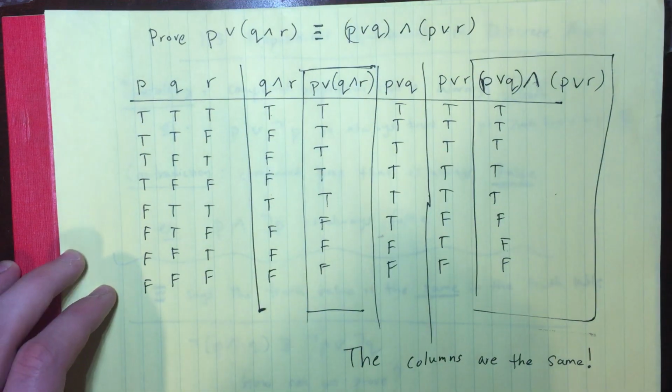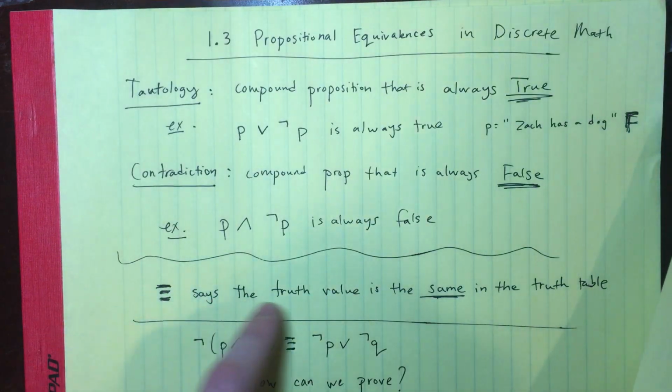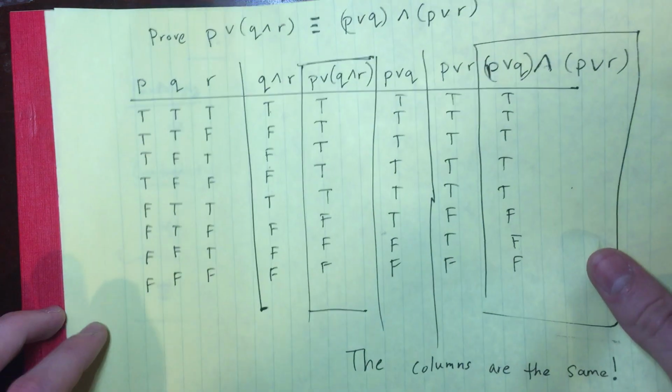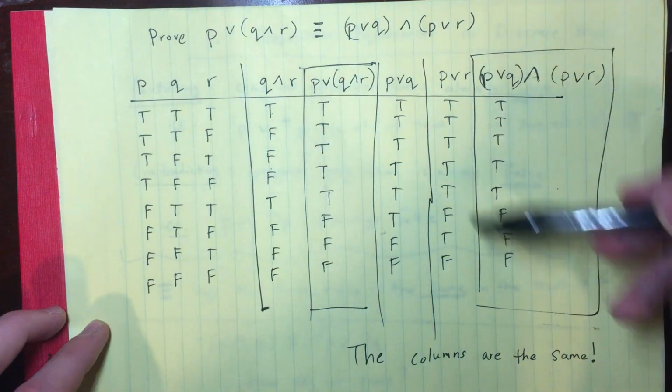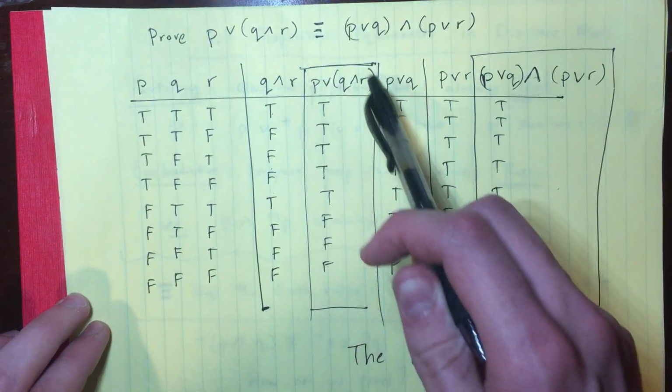It's kind of easy. So first we want to prove this, how we learned when we learned about what this means. This basically means that the truth table is the same for these columns. So first we need to find the truth table column for this.